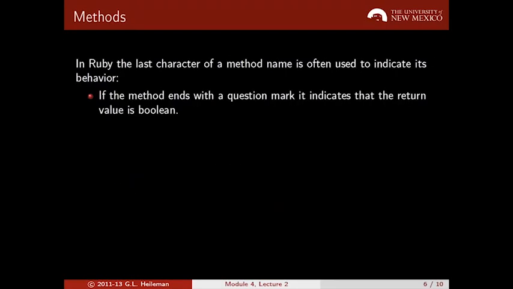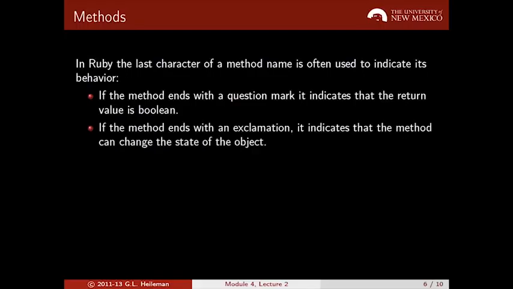Now, it's very common in Ruby to use the last character in a method name to indicate the behavior of that method. For example, if the method ends in a question mark, it indicates that it returns a Boolean value. If it ends with an exclamation point, that indicates that it's changing the state of that object. I'll show you this in just a moment when we look at the array class.